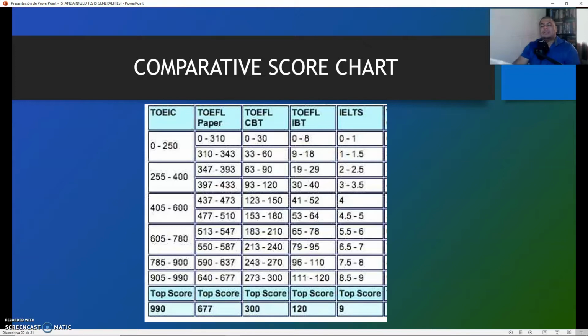The highest score in TOEFL iBT is 120 points. And for IELTS, as we already discussed, it's 9 points. That's the highest that you can get in this test. So basically, that's what I wanted to talk to you about in these different tests that we may take, and for you to start to get familiarized with this.